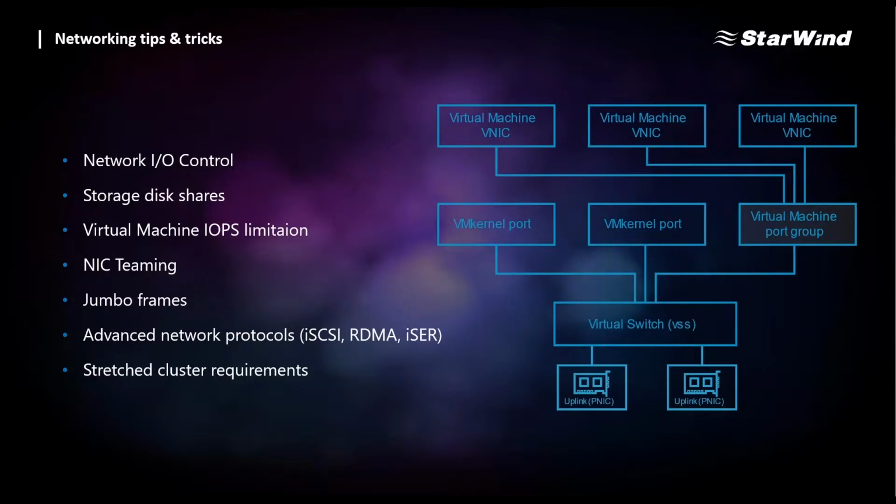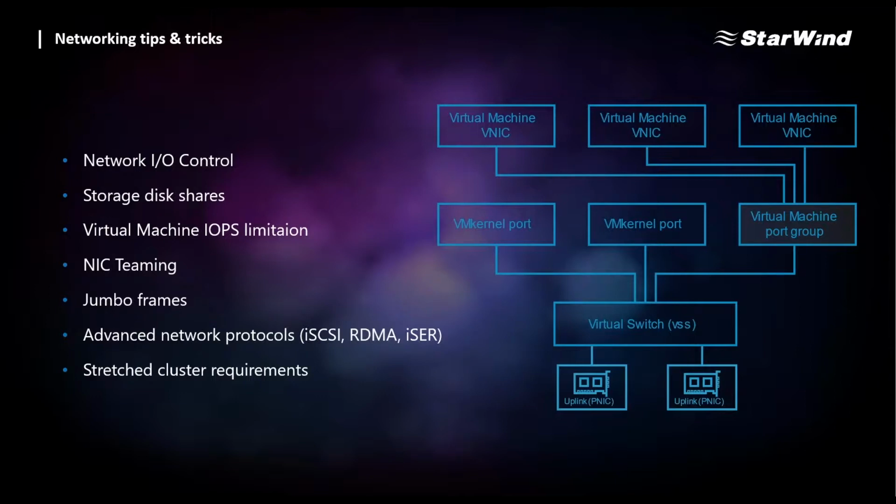Thus, less important traffic, as defined by the share percentage, will be throttled, allowing more important traffic types to gain access to more network resources. Network I/O Control also allows the reservation of bandwidth for system traffic and enables proper resource control at the virtual machine network adapter level, which looks similar to the vCenter CPU and memory reservations.